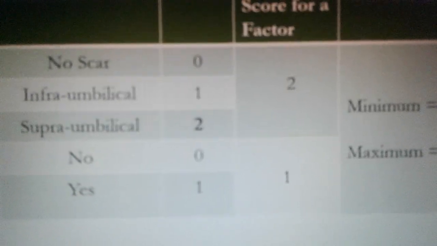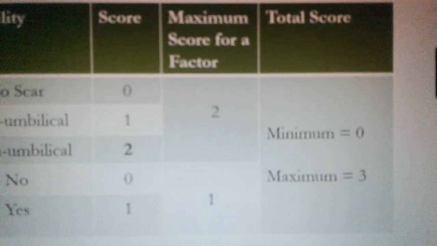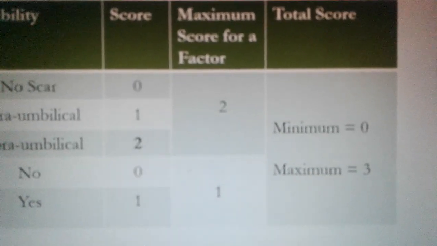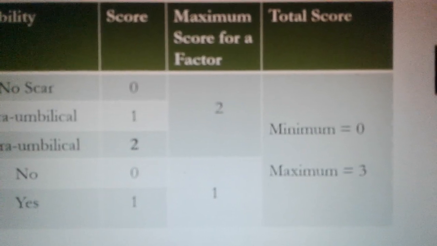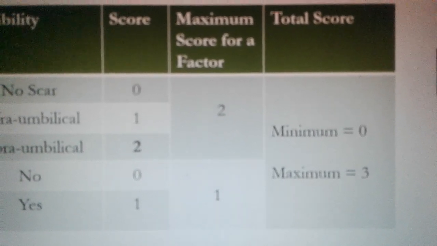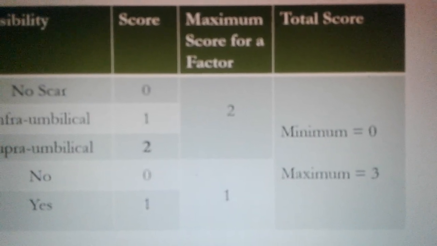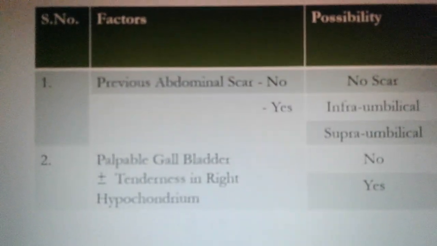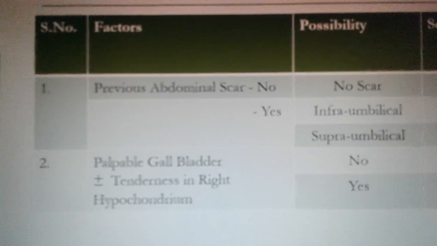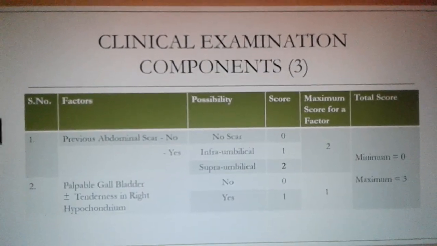If yes, score allotted 1. Maximum score is 1. If you add the maximum scores for clinical parameters, it comes to 3. So maximum total score in clinical parameters is 3. Minimum is 0 plus 0, 0. So only two broad factors we have taken in clinical parameters, right? Clinical examination components.